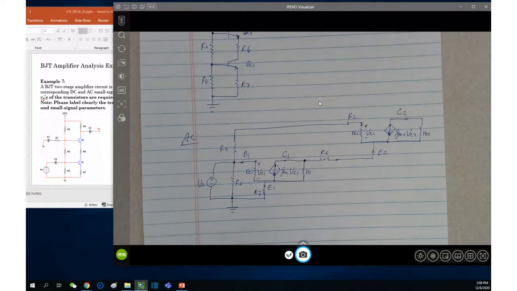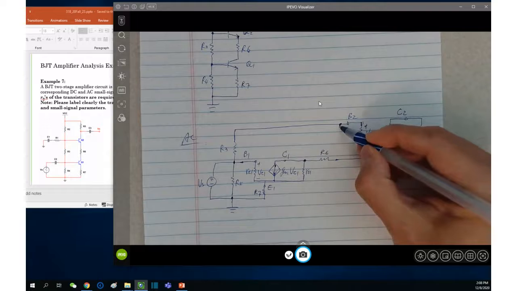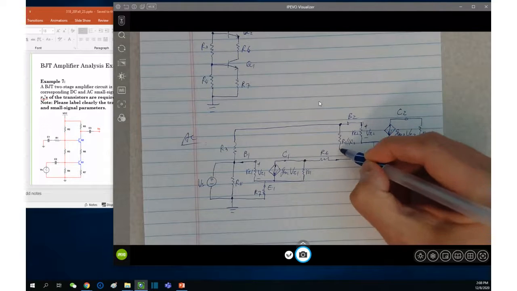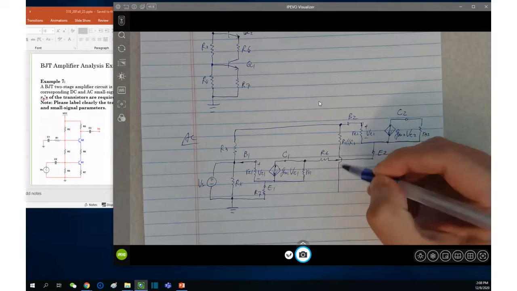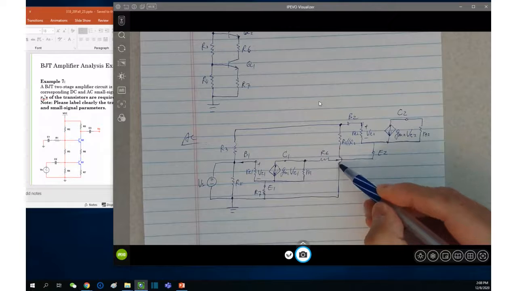What is the relationship between R1 and R2? Anyone tell? They're parallel. Very good. Okay. The parallel between base 2 and where? Ground. Okay, so R1 parallel with R2, and then to the ground.